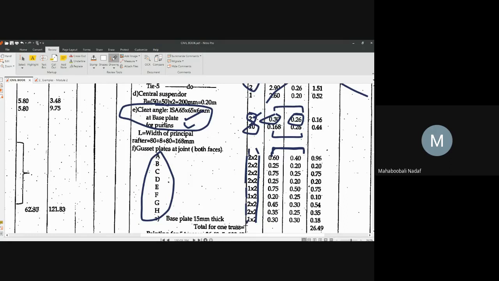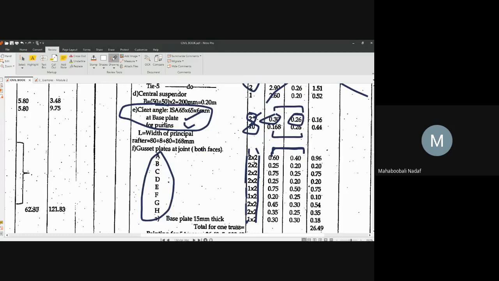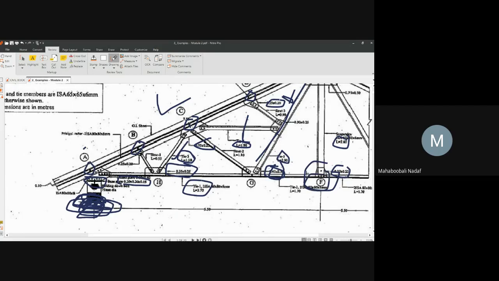What is this? You tell me. So 2 sides. If the gusset plates are on 2 sides, like A, B, C, D and HG, they should be written in two sides. That is why 2, 2, 2, 2, 2. E and F, where are the E and F? This is F, okay now?